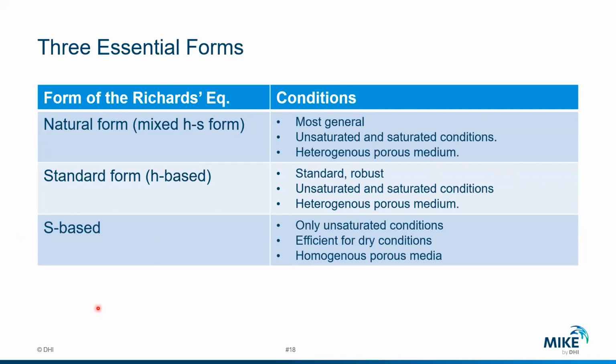There is another formulation which is less used, but it exists. It's very efficient, but one needs to be careful to use it. It's basically recommended for dry conditions and for homogeneous porous media, and only under unsaturated conditions.